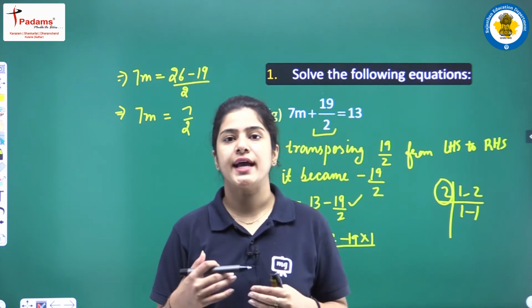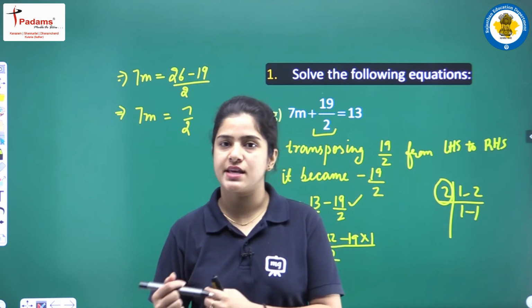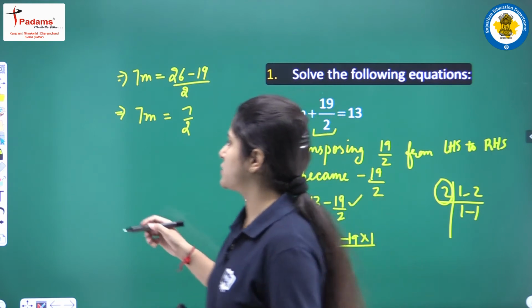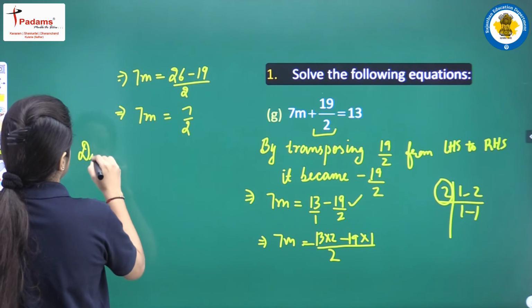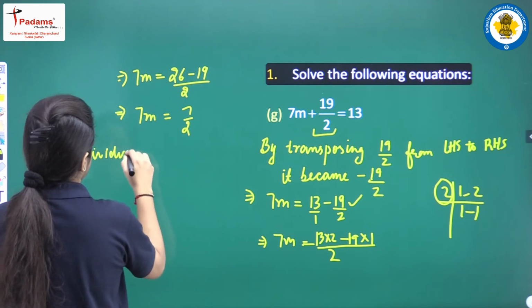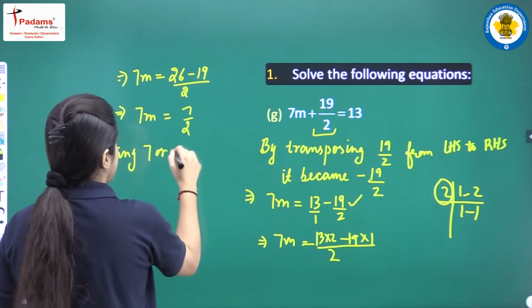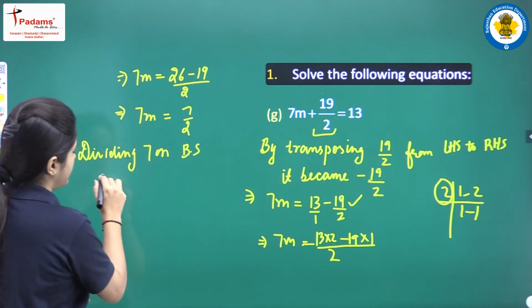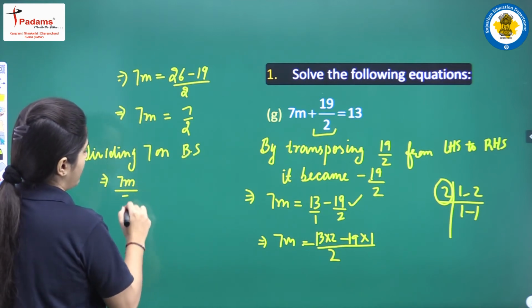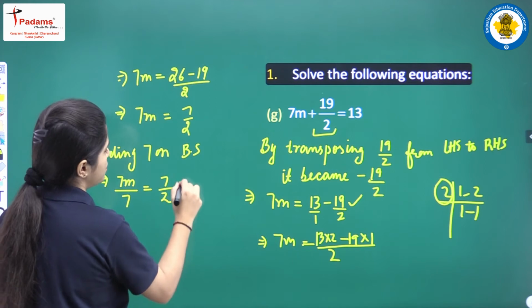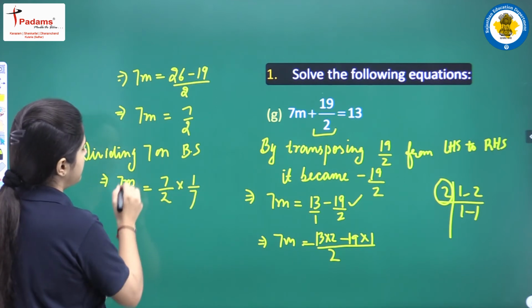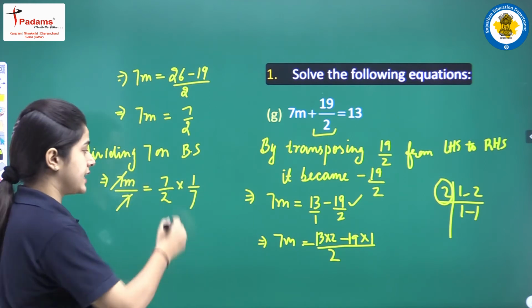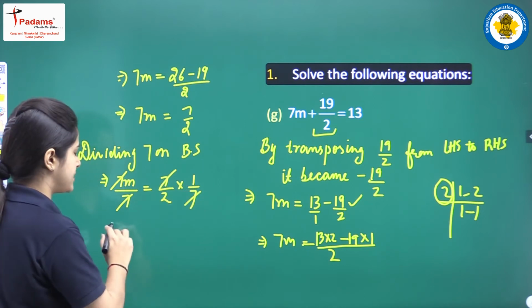So if you have to eliminate the 7, you have to divide by 7 on both the sides. Okay. So dividing 7 on both sides, 7m upon 7 is equal to 7 upon 2 into 1 upon 7. 7 will be cancelled out by this 7 students, and this 7 will be cancelled out from this 7.